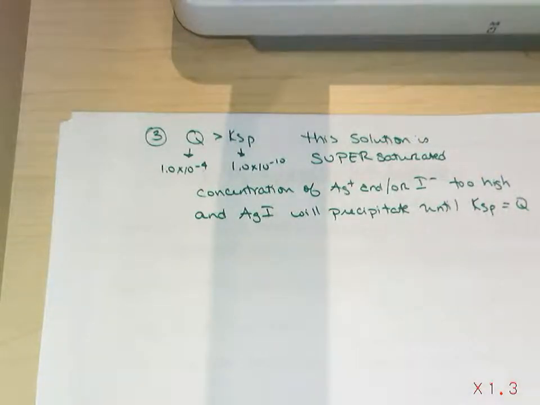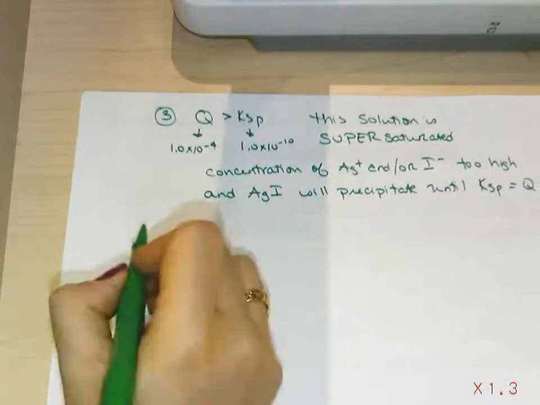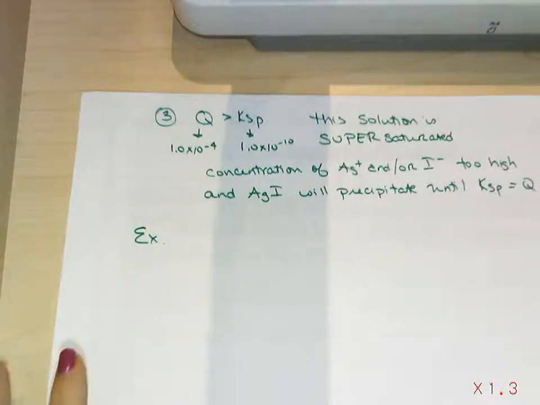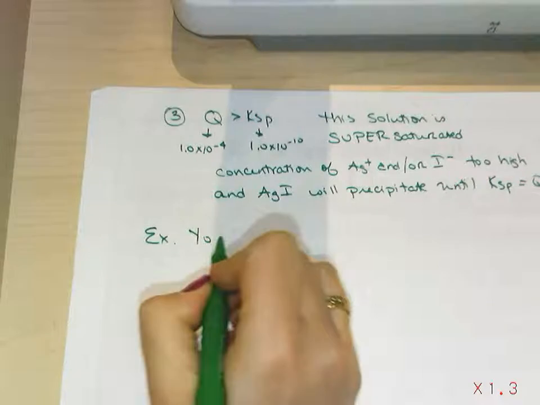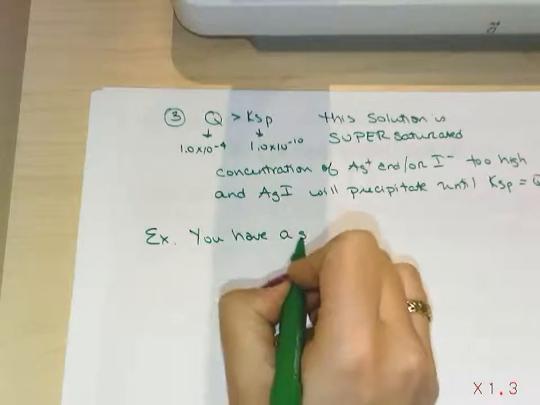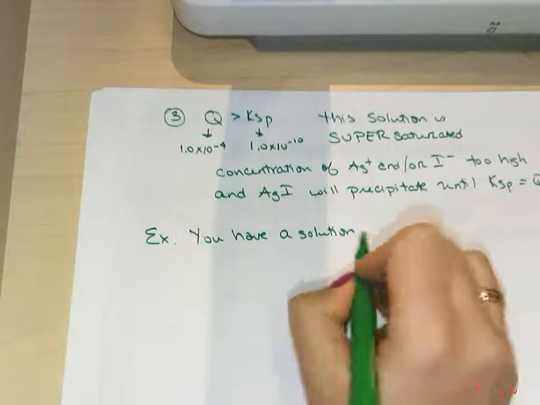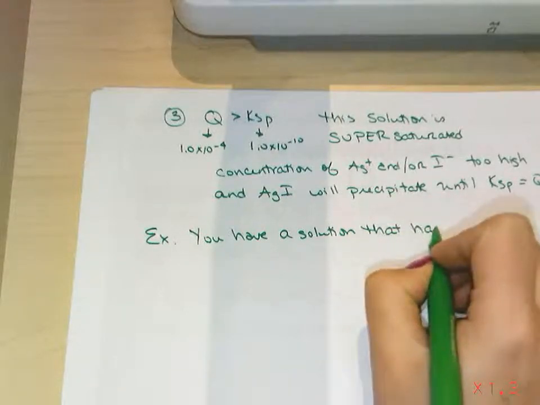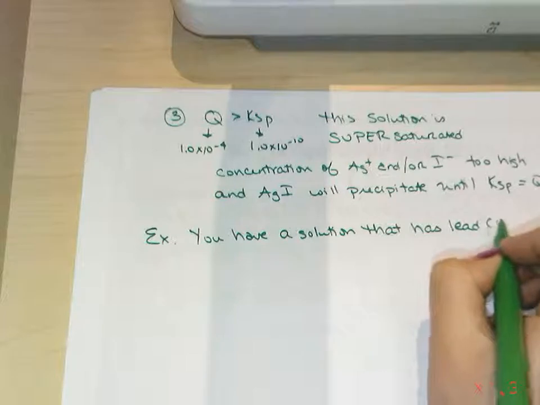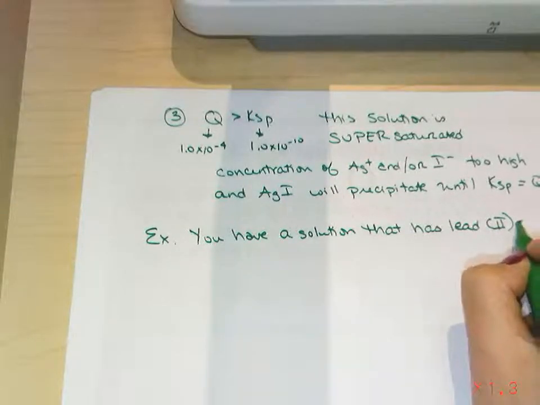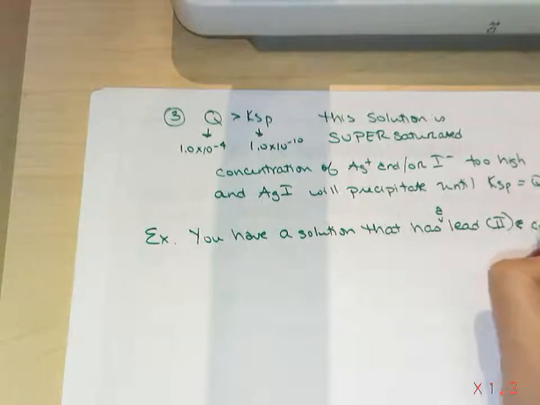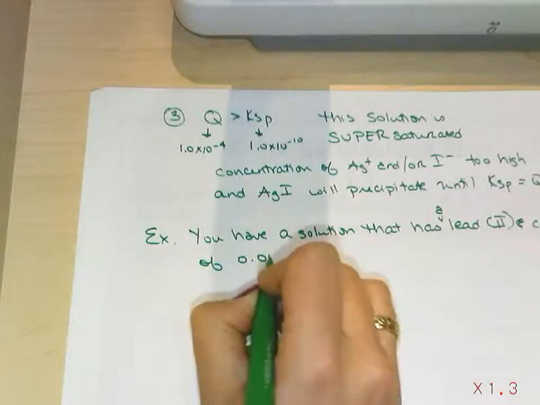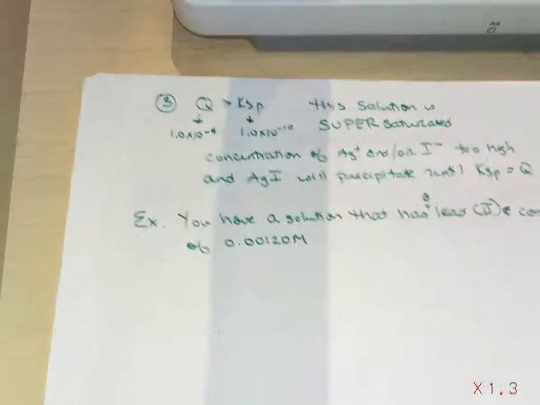Let's say, for example, you're in the lab and you have a solution that has a lead 2 concentration of 0.00120 molar. Probably should have done scientific notation.